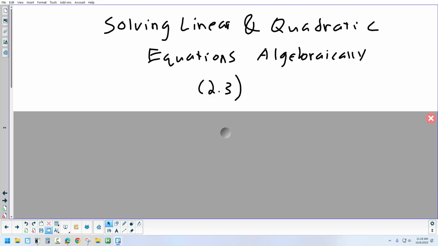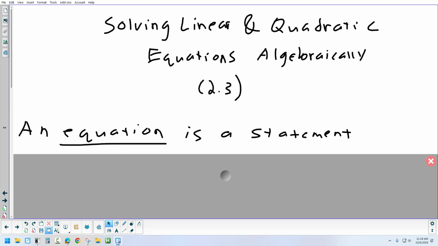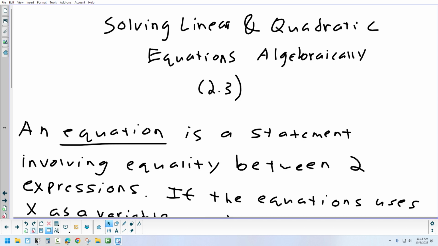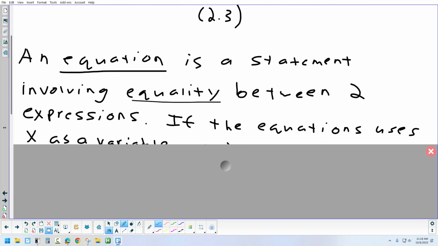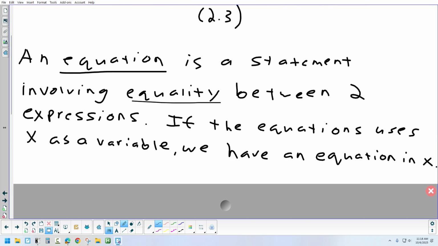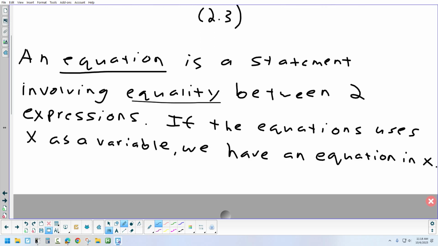In order for something to be an equation, what does it have to have? An equal sign. Right, it has to have an equality symbol between 2 expressions. And if the particular variable in your equation is x, then you can say that you have an equation in x. In x just means the equation I wrote uses the letter x.